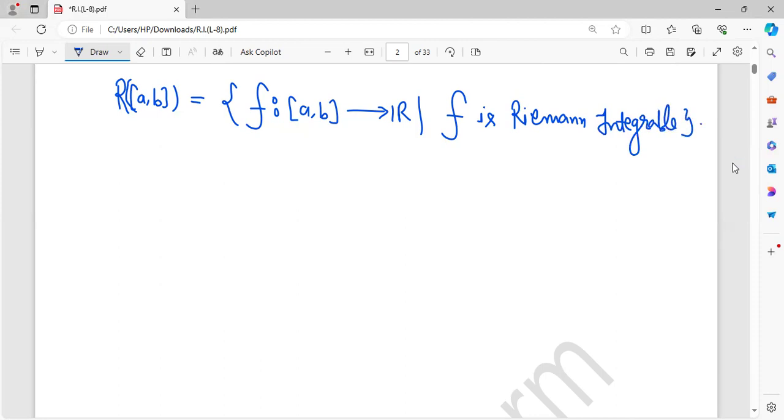So today we are going to see this theorem.